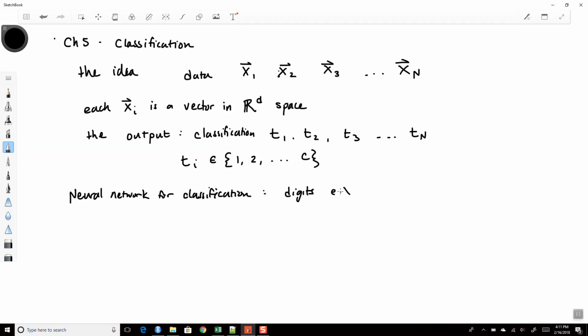Each x was 28 by 28, a vector of 784 values, and T was something from 0 through 9.